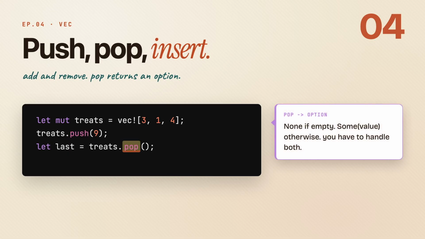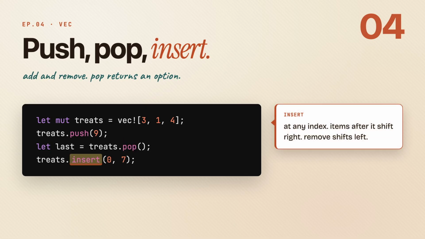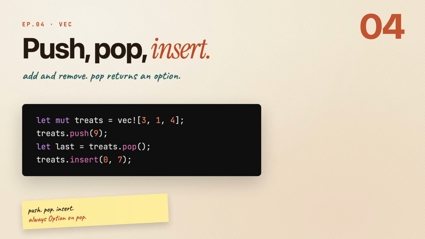It hands you an option because the vector might be empty. Insert puts an item at an index, and remove takes one out. Both shift the rest.